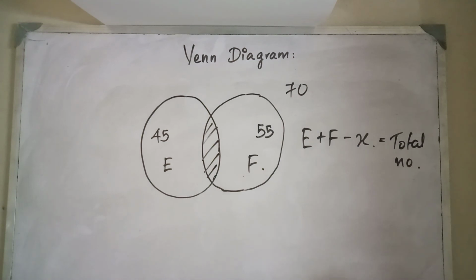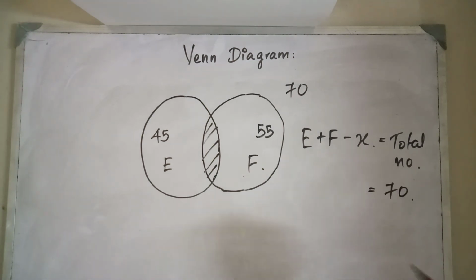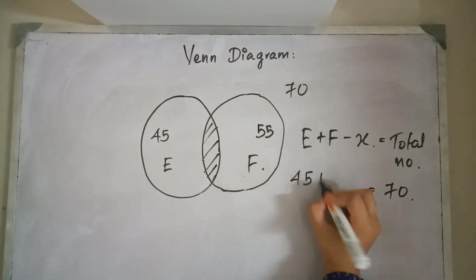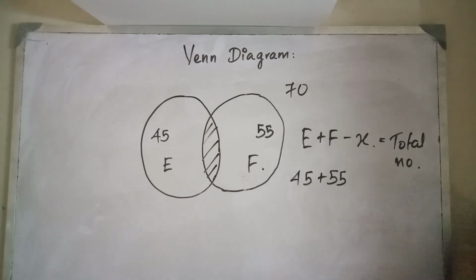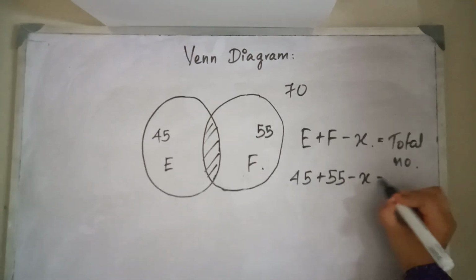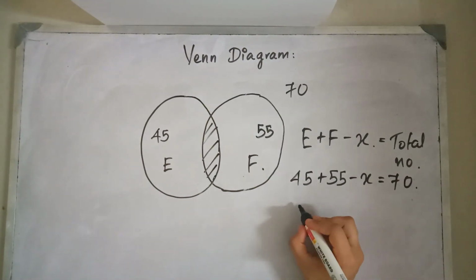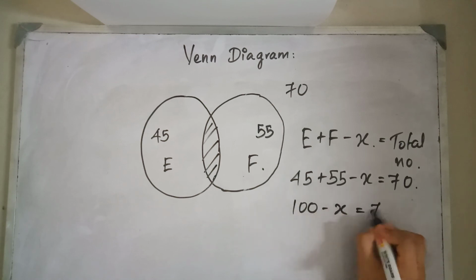Now the total number of children is given, and that is 70. So let's just substitute the values. We have 45 plus 55 minus x equal to 70. So 45 plus 55 will give us 100 minus x equal to 70.